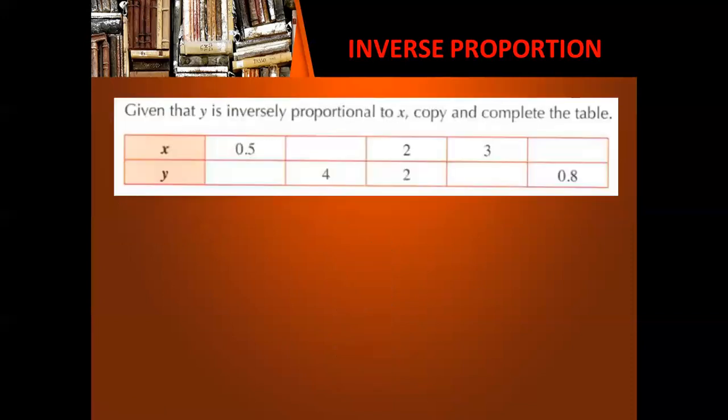Let's have another example. In this table, we are given the information that y is inversely proportional to x, and we were asked to complete the table. To begin with, we must first find the value of k. How do we do that? By looking at these values.